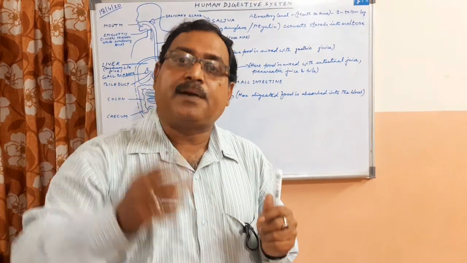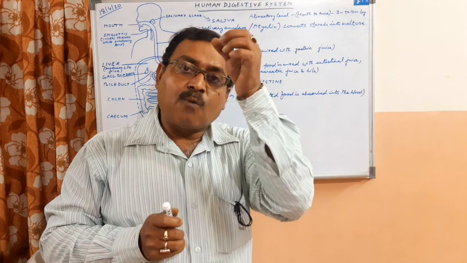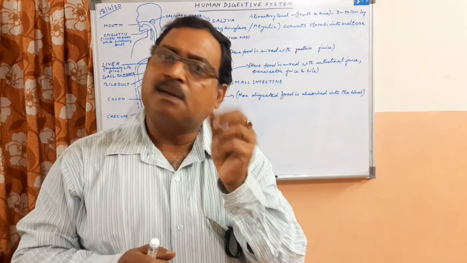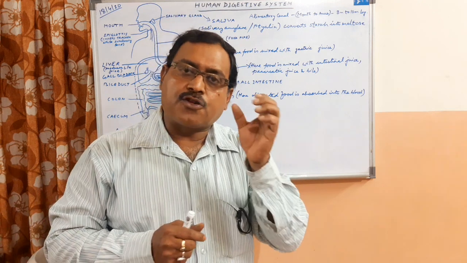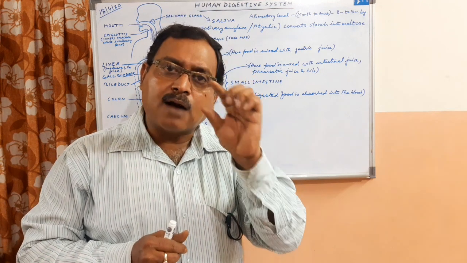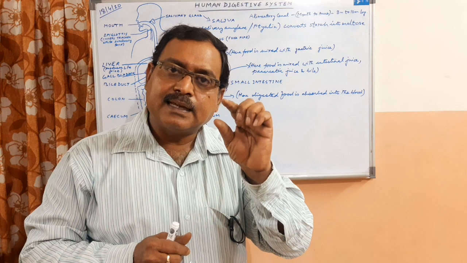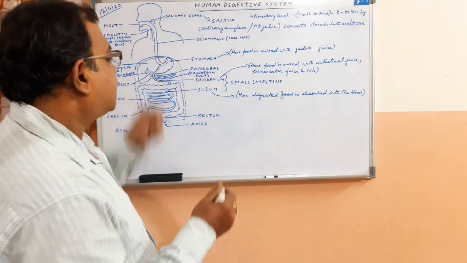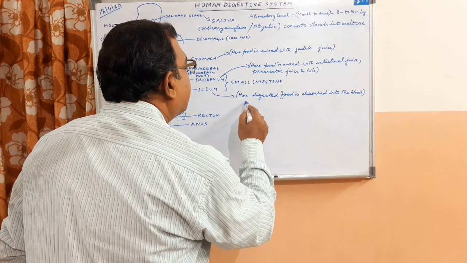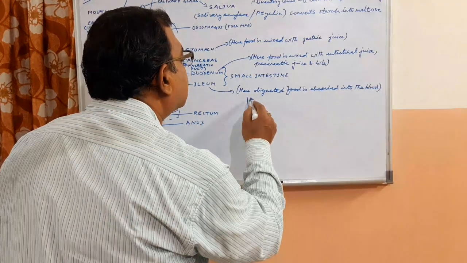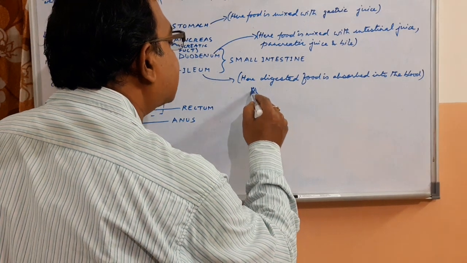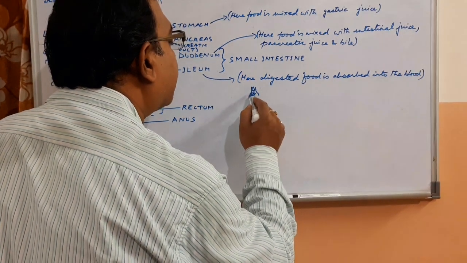Now, how does this happen? The wall of the food pipe or esophagus is made up of muscles, which contract and relax part by part. Supposing food is here, that part will contract and relax, so that food is propelled forward.